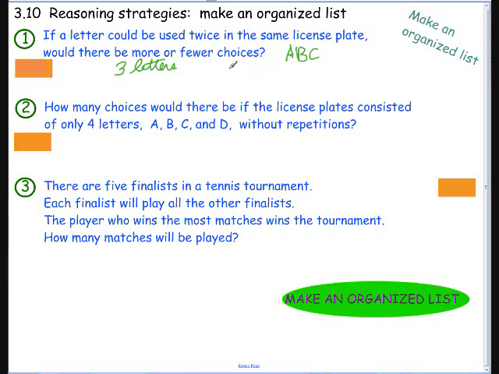However, if I could use a letter twice, I could have A, B, and I could have, let's separate these, and I still could have A, B, C. I don't even have to go down through them to be able to answer this. It's not asking us how many more, it's just more or fewer. I would have more. If I could use a letter twice, I would have more choices.